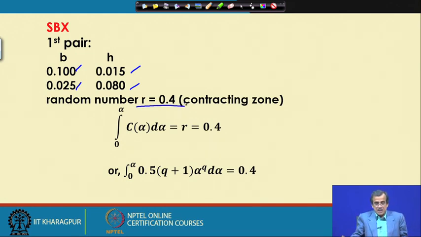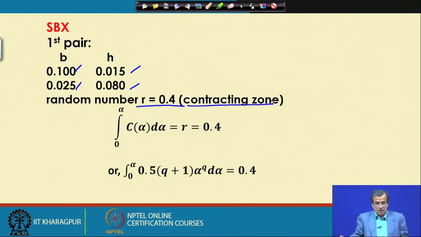Now, the principle of SBX I have already discussed in much more detail. Now, r corresponds to 0.4, that r is nothing but the area under the probability distribution curve, and if it is found to be less than or equal to 0.5, this is in the contracting zone.